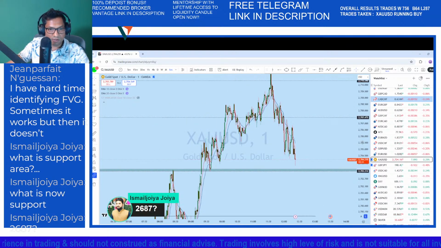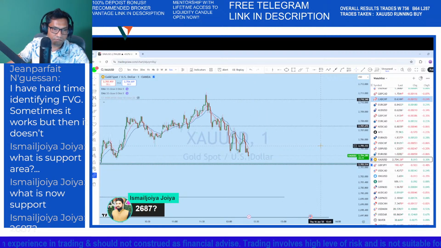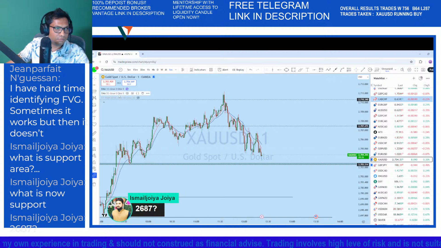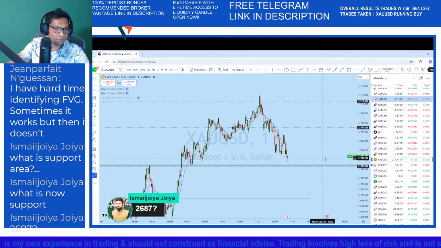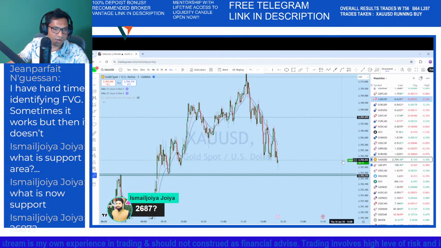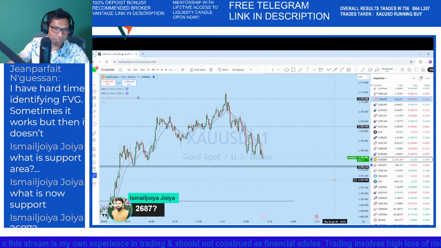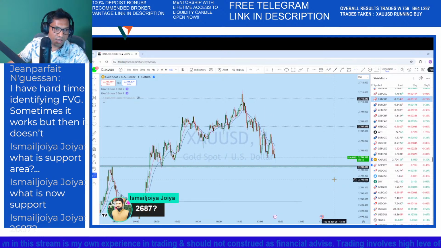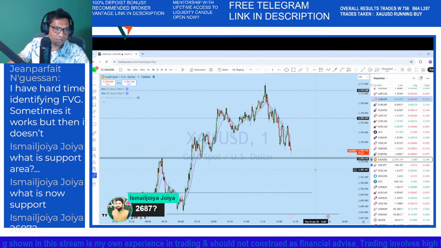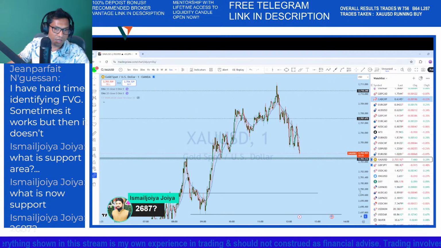So let's see where the market might be heading, and based on that we can look for entry opportunity in this market. Let's find out. And this is a downtrend, and in the downtrend we'll be waiting for the price to give us a potential entry.